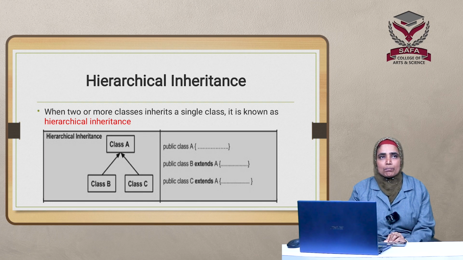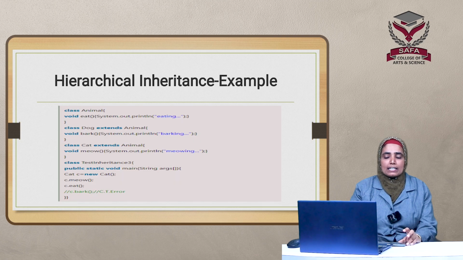The syntax is public class A, opening bracket, declaring variables and methods goes here, then close the bracket. After declaring the base class, we can create subclasses for the base class A. Here B and C are two subclasses extended from class A. Next one is hierarchical inheritance example. In this example, we have four classes.